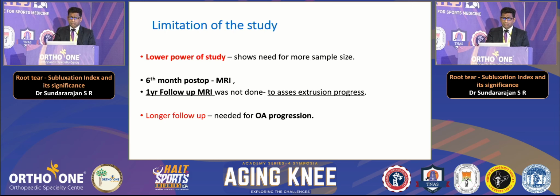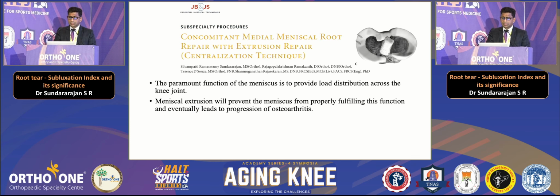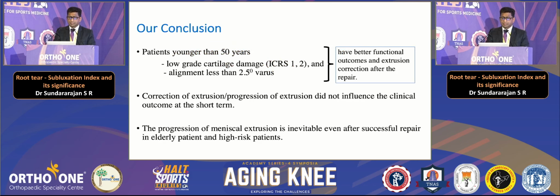We did MRI only at 6 months. We don't know what happens after 1 year or 2 years, so further follow-up is necessary. Whether doing an extrusion correction technique apart from root repair will give better results, we don't know. We still don't have enough literature.